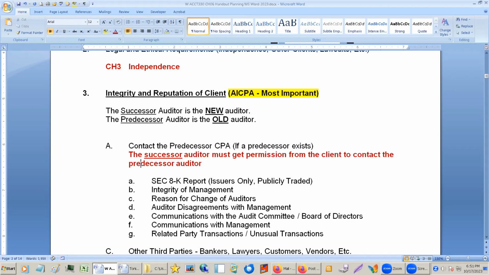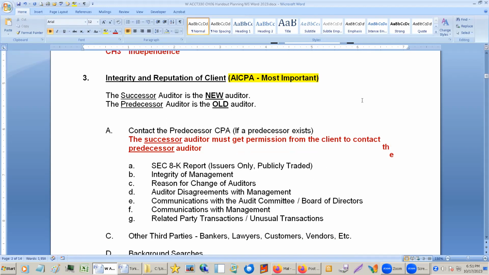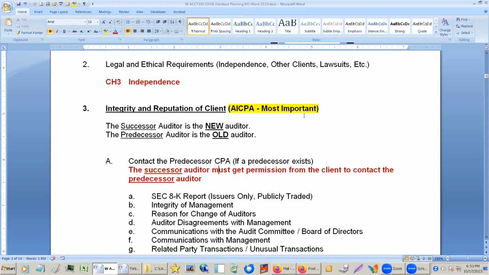And the reason being is, well, what do you think? Why do you have to get permission from the client to contact the predecessor? Why don't you just call the predecessor auditor up and say, hey, what can you tell me about ABC contractors or whatever? Why can't you do that?